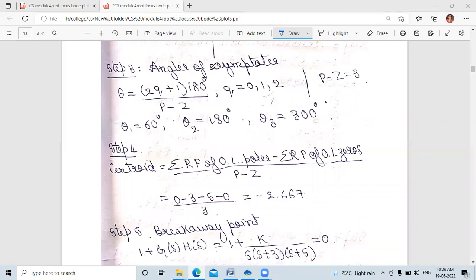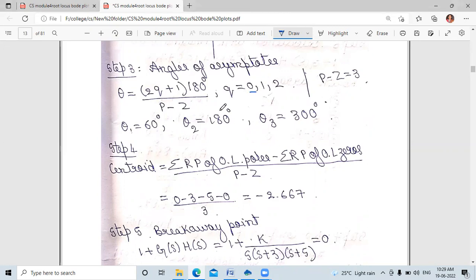After solving step 3, the angle of asymptotes, that is theta 1, theta 2, theta 3: for theta 1, substitute q value 0, for theta 2, substitute q value 1, and for theta 3, substitute q value 2. After finding the angle of asymptotes, you need to find the centroid.